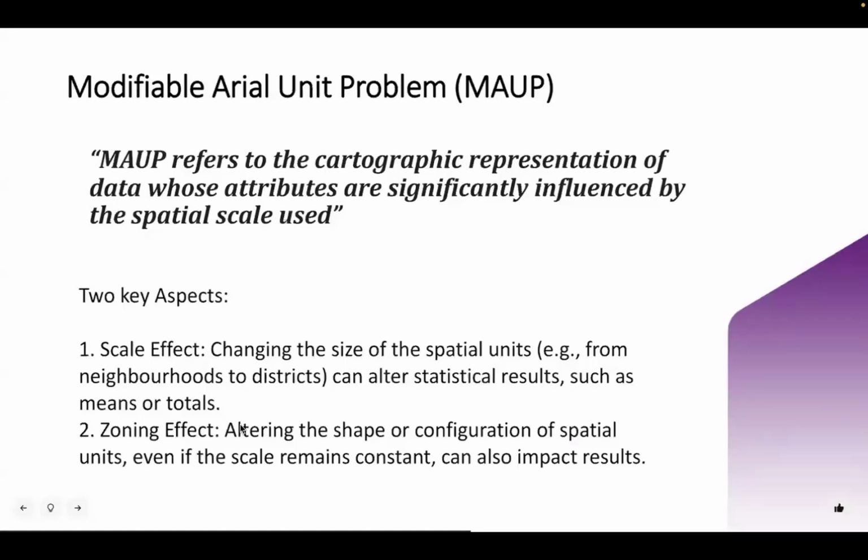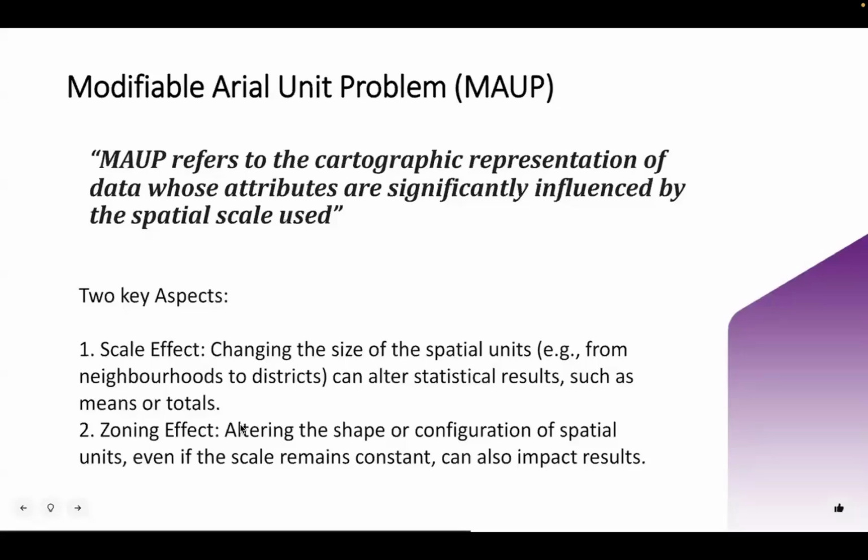This applies to where data are aggregated to areal units. So if you aggregated data to, let's say, postcodes compared to wards, you might receive a much different interpretation of the crime trends in those areas.